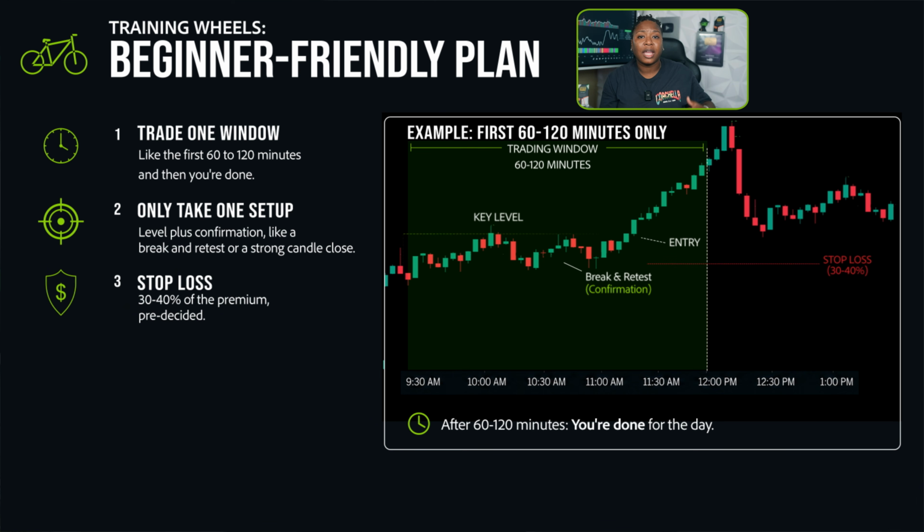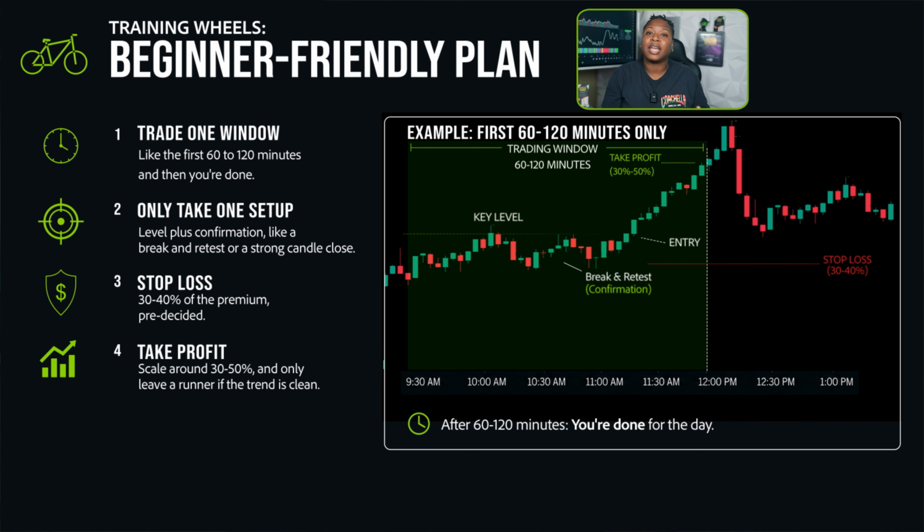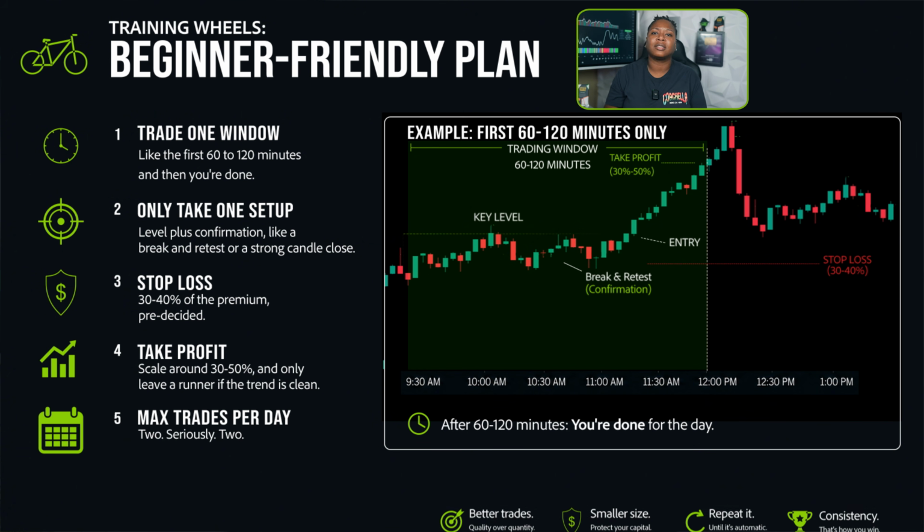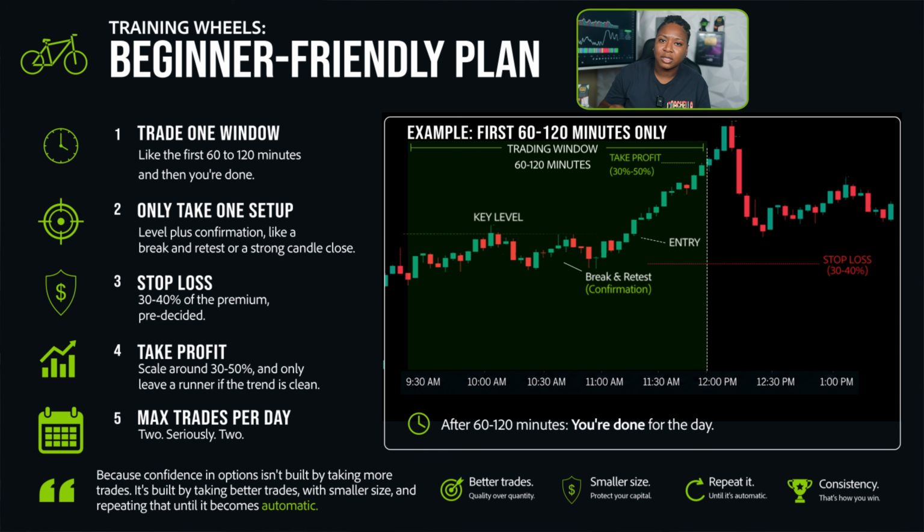That's pre-decided. And your take profit levels, you can start to scale around 30 or 50% and only leave runners if the trend is clean. For the maximum number of trades per day, I would say 2. Seriously, 2, because again, confidence in options isn't built by taking more trades. It's going to be built by taking better trades with smaller size and doing that on repeat until it becomes automatic.